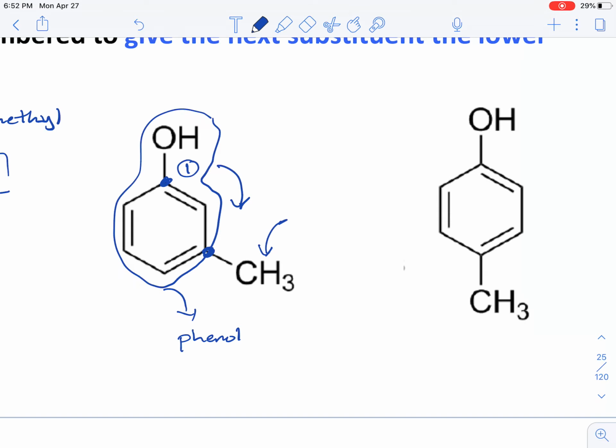So here is carbon number 2, carbon number 3. Just to demonstrate, if I do it counterclockwise, this is carbon 1, 2, 3, 4, 5, right? Notice that 3 is a lower number than 5, so the counterclockwise numbering is incorrect. Overall we get 3-methyl phenol.